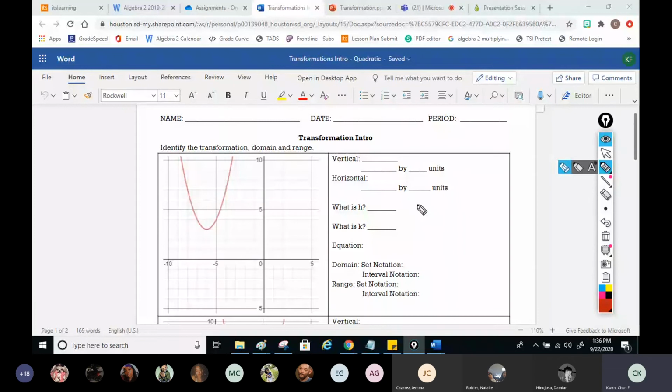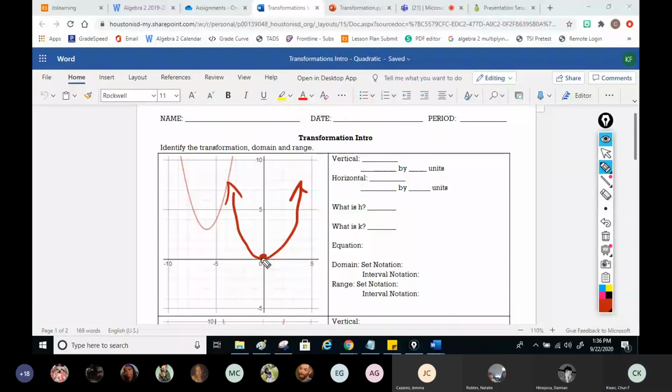Identify the transformation, the domain and range, and everything else. Right here, there is a quadratic function. Once again, I want you to compare it with the original parent function. You are always going to be comparing with the parent function.